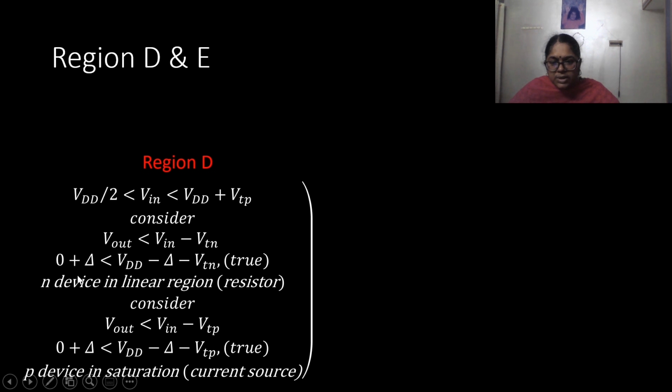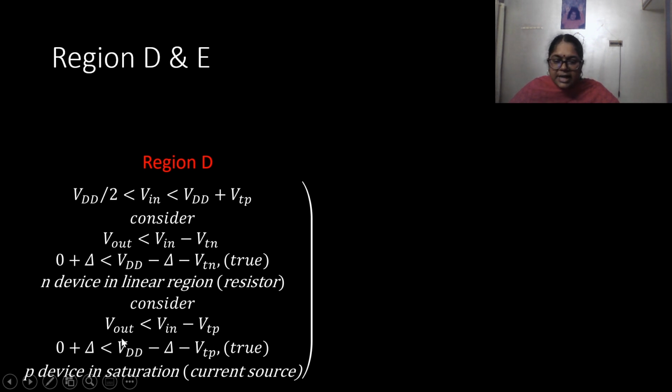So we take Vout is equal to 0 plus delta, and Vin is VDD minus delta. So we substitute Vout and VDD values. So from the expression we know that right hand side is greater than left hand side, which is true. So nMOS transistor is in linear region.